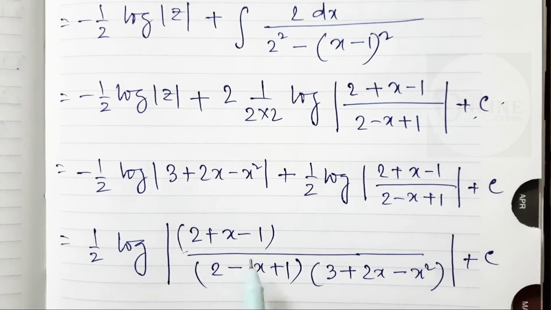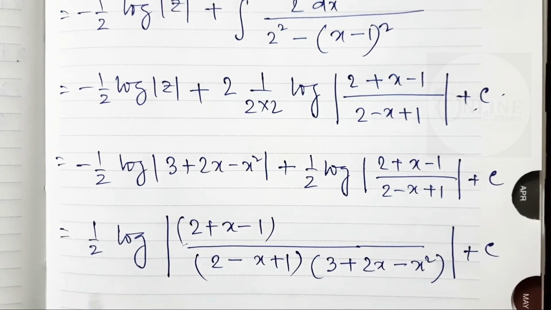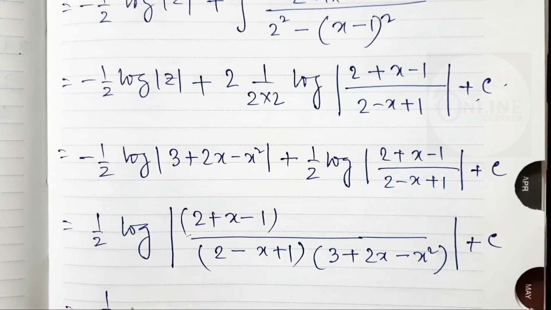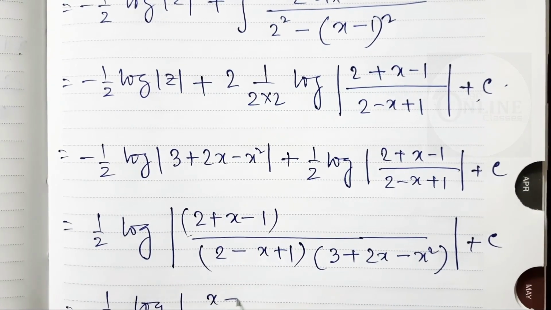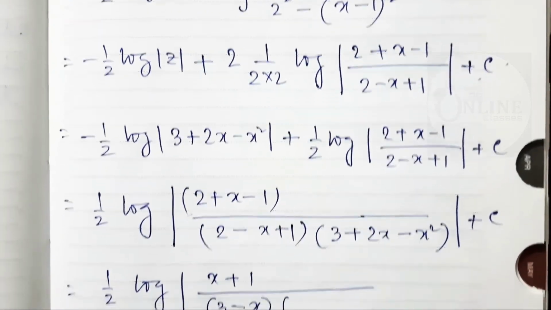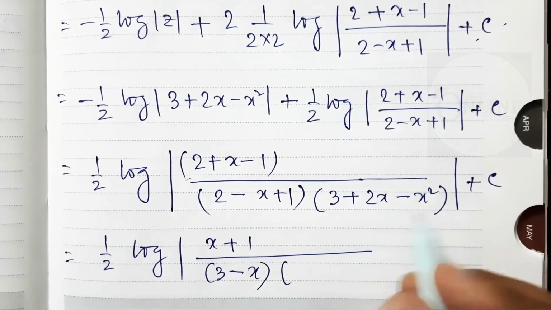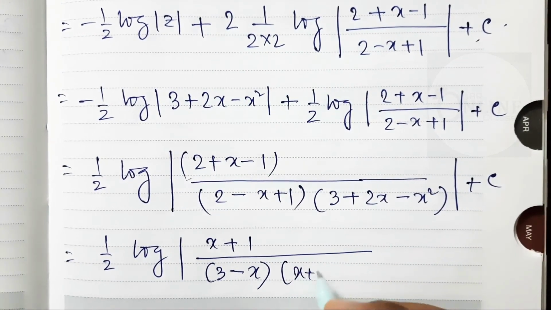Now here you can simplify. So this is going to be x plus 1, and this is going to be 3 minus x. So finally we are having x plus 1 divided by 3 minus x, and this is a quadratic expression. If you just factorize it, it is going to be x plus 1 and 3 minus x.